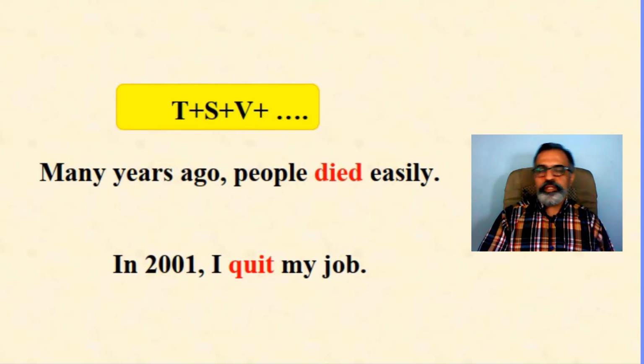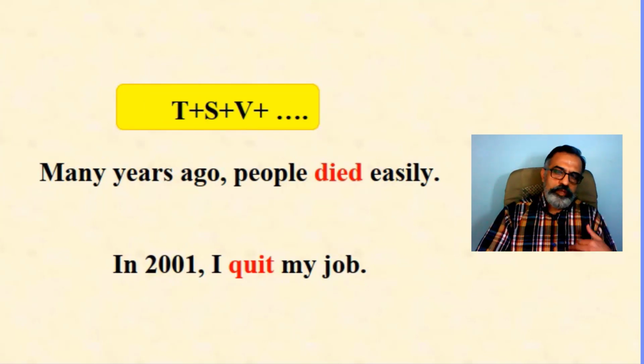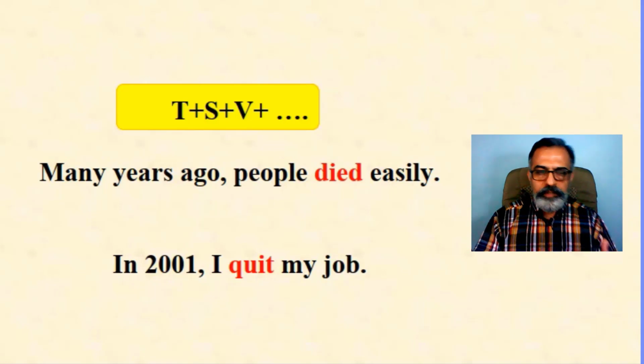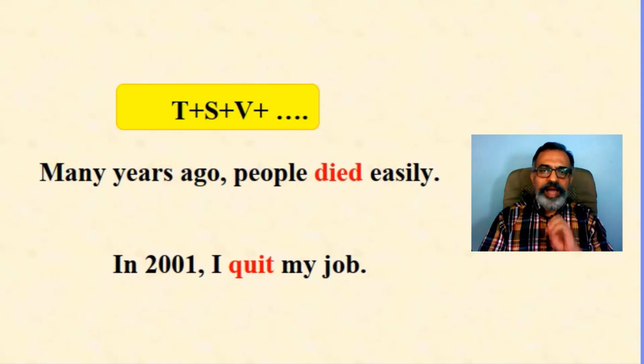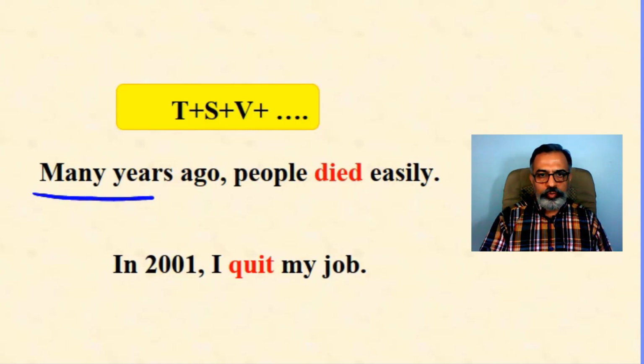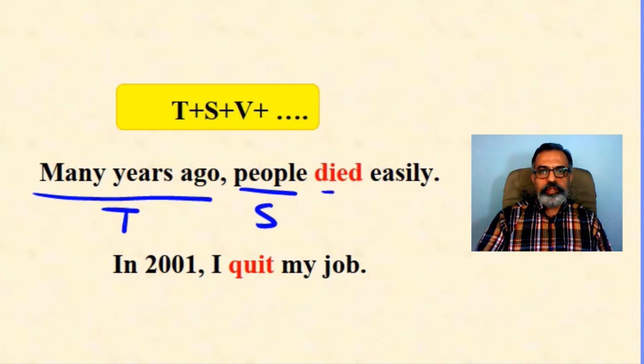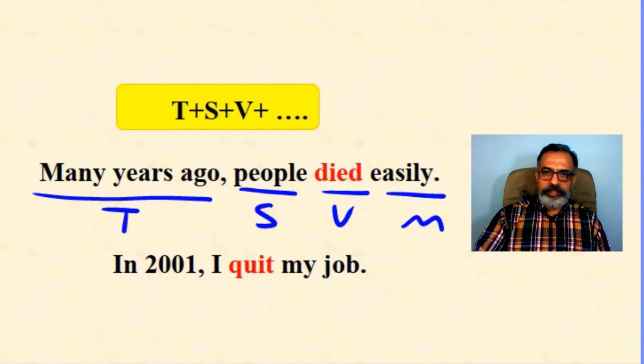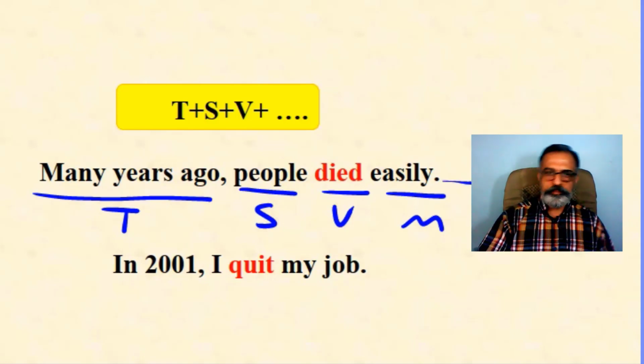Sometimes, because of our need, because of our taste, some adverbs can come at the beginning of the sentence. Adverb of time or place have this chance. Many years ago, this is time, people, subject, died, verb, easily, manner, and the sentence can, of course, continue.